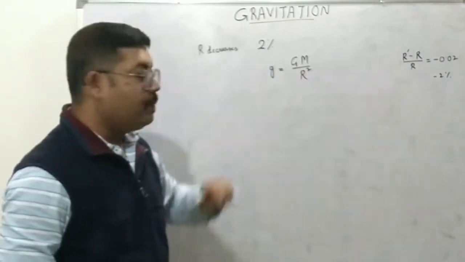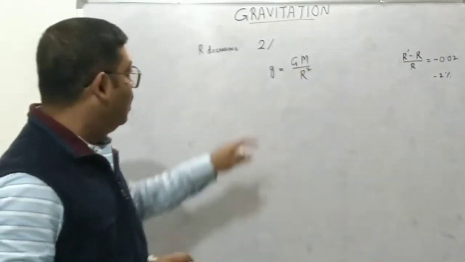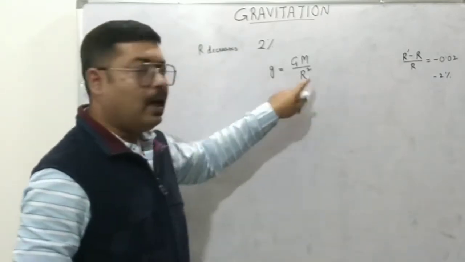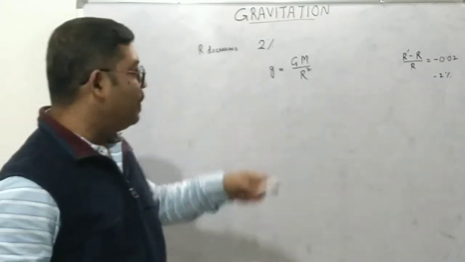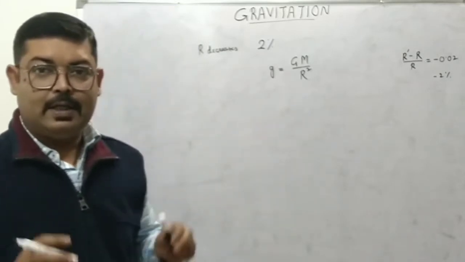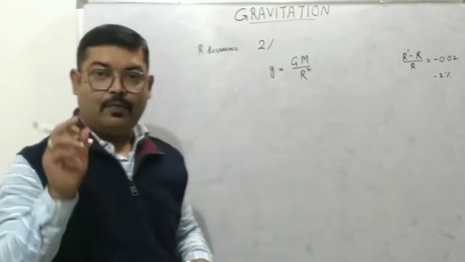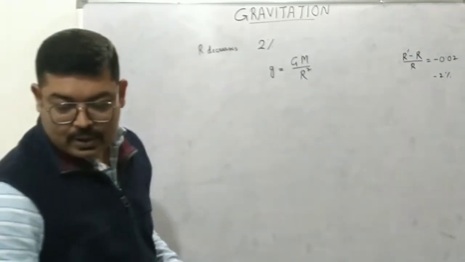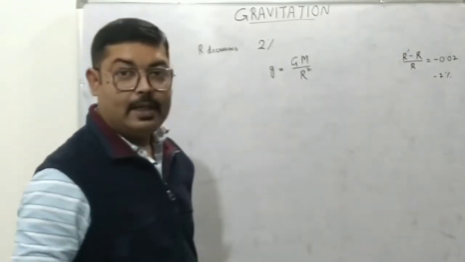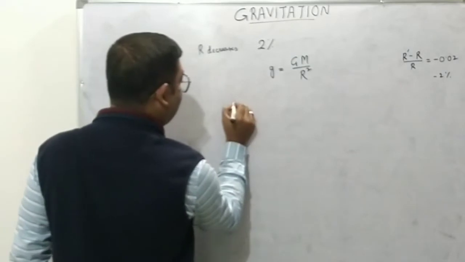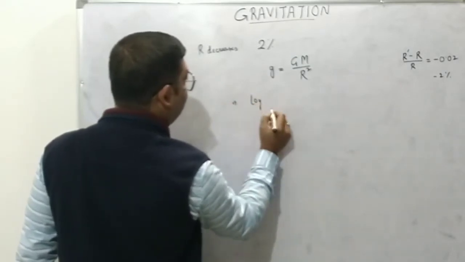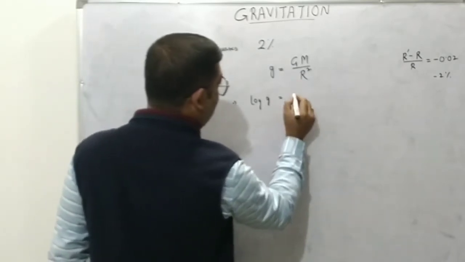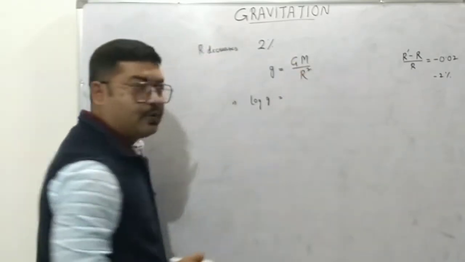Now if g is given by this, then to solve this, we want to find the variation of g with r. There are different methods, but the simplest and easiest method is to call in the help of another concept of mathematics, that is of logarithm. If we take logarithm of both the sides, we get log of g must be equal to log of GM by r squared.